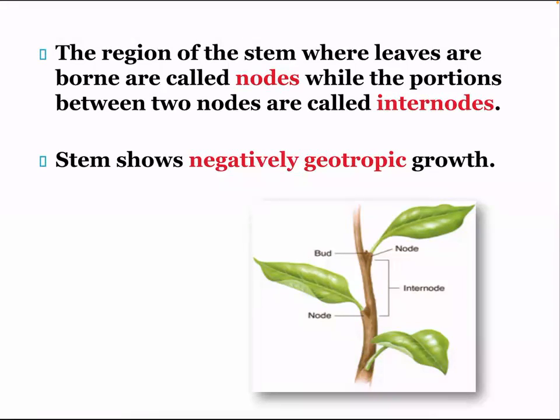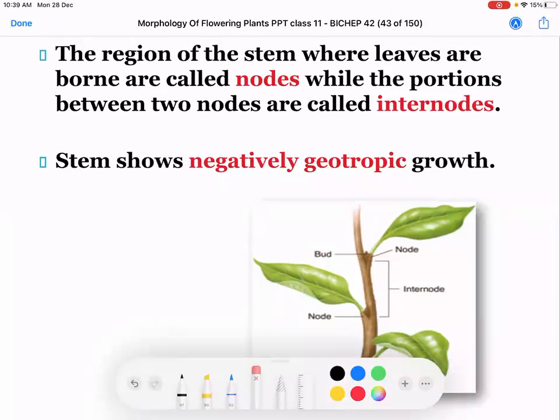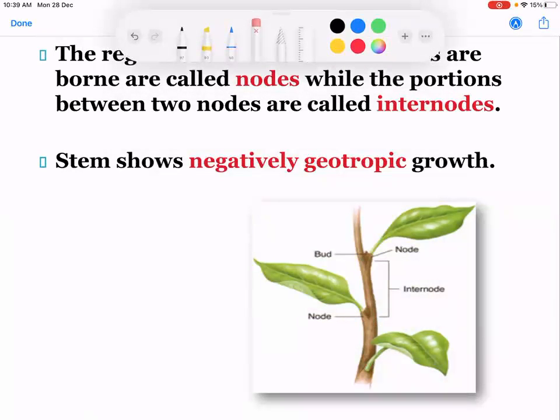Here in the diagram, if you see, the region of node and internodes is demonstrated. This is a node from where the leaf is growing, the bud from where the leaf originated. This is node number 1. This is node number 2. And the part between two successive nodes is termed an internode.